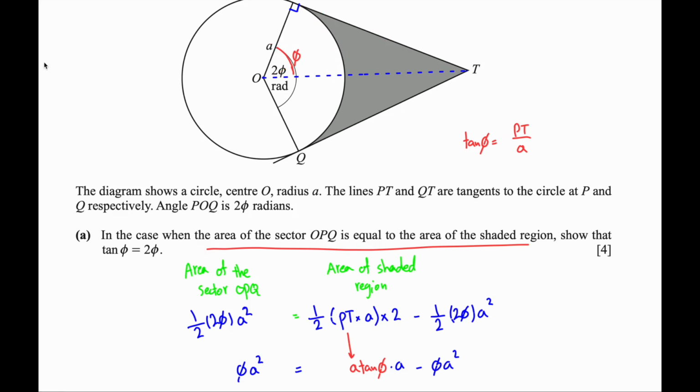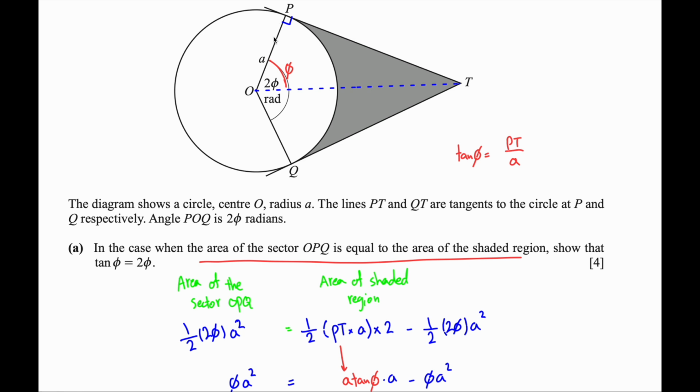That's why here you see, first of all, I did half of base times height. Well, the height would be a, the radius. The base is PT. However, because I don't have the value of PT, I can replace it with other values which connect to the radius and phi.